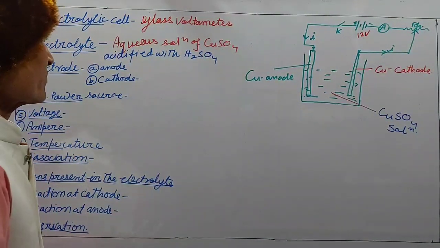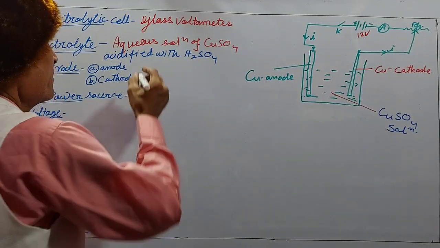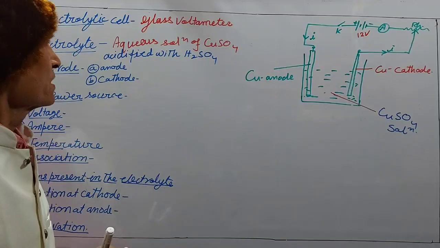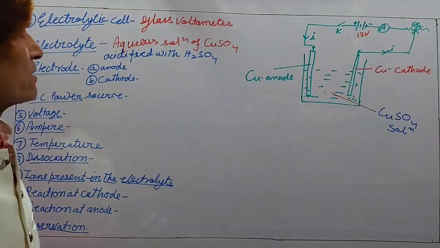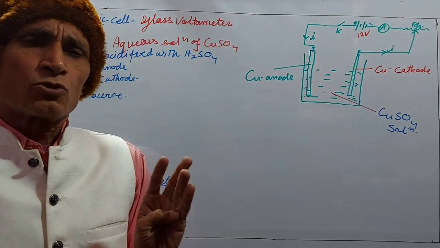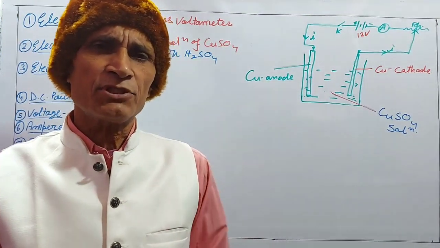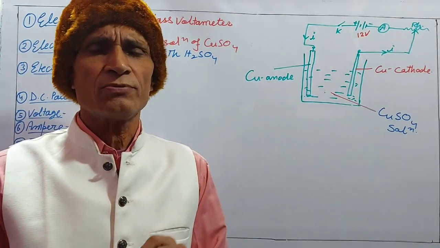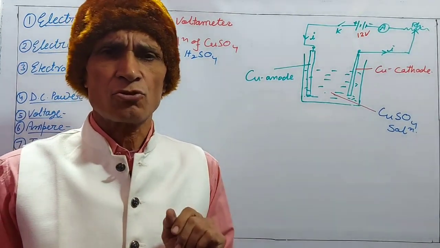Reason: this sulfuric acid is added for two purposes. One is to increase the electrical conductivity, and the second is to prevent the hydrolysis of the copper sulfate salt.